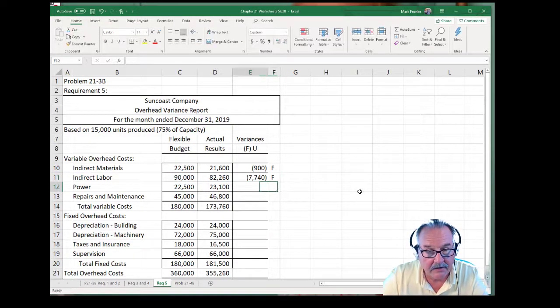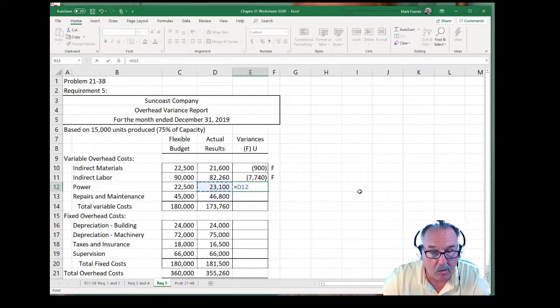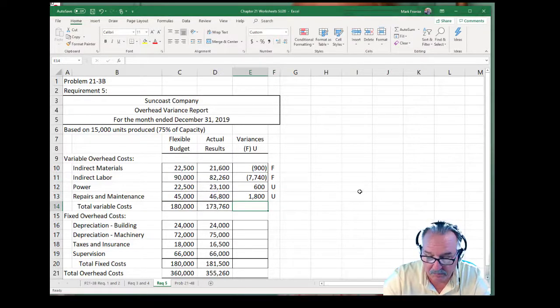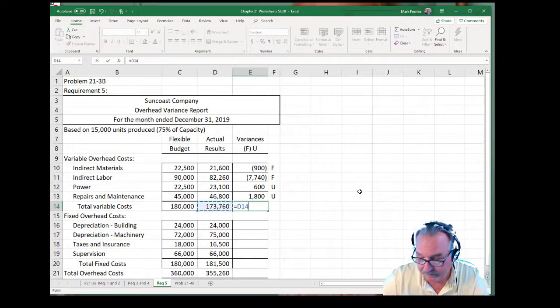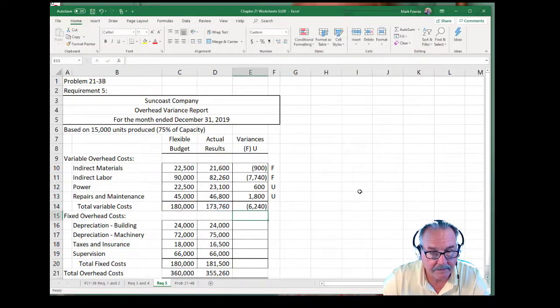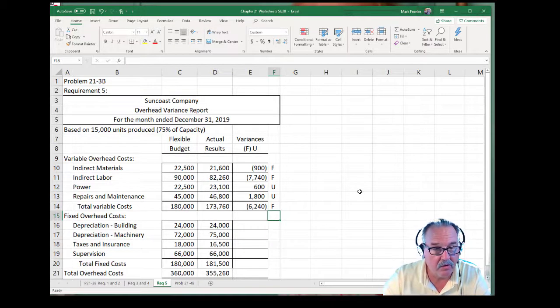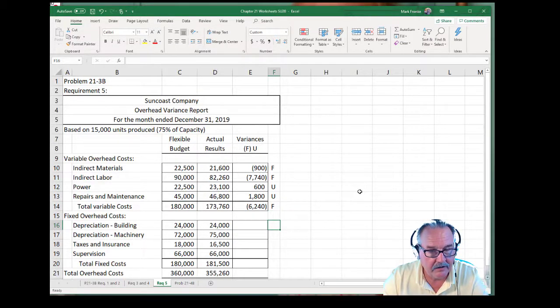And if we spent more, that's an unfavorable variance. So overall, though, we had a favorable variance for the variable overhead costs.